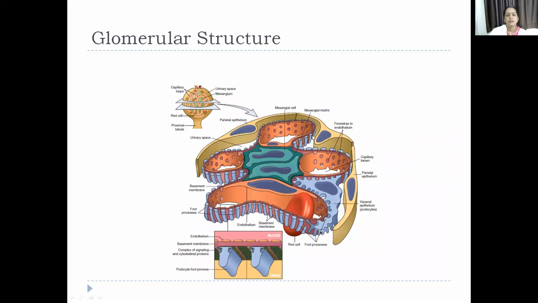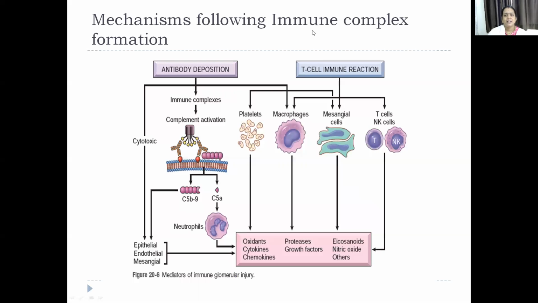Okay. So regarding the mechanisms following immune complex formation, we have spoken about the antibody type of immune response in glomerular injury. There is another thing called the cell-mediated immune response. In the cell-mediated immune response, we learned that there are T cells which accompany the antibody injury and help in the progression of the glomerular injury and the disease. So cell-mediated immunity is also in action in response to glomerular injury.